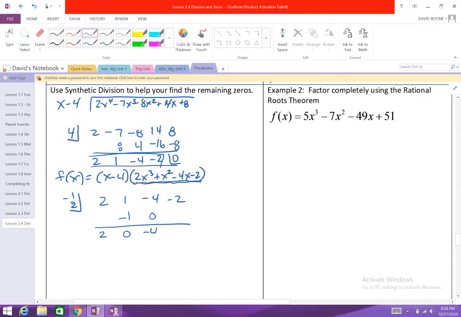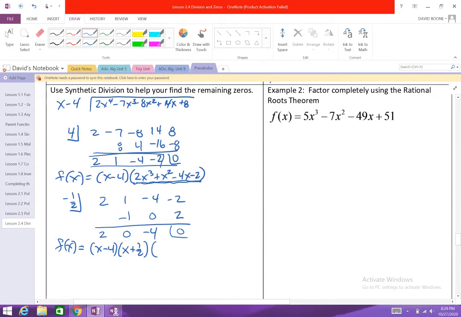And then add that. -1/2 times a -4 is a +2. And see, again, we get a remainder of 0. So that again proves that that's a factor. So now I've got f of x equals that first factor of x minus 4, and this x minus the -1/2, which would be x plus 1/2.